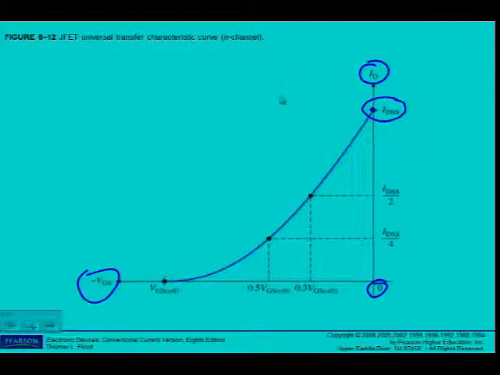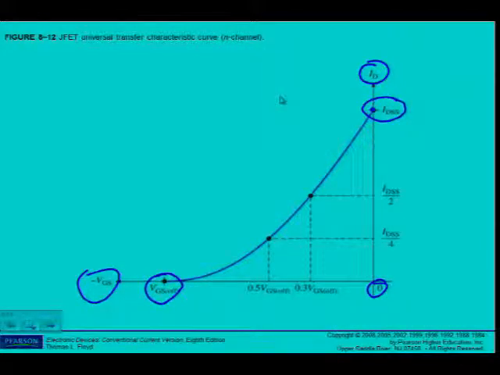VGS off, also get from the data sheet for a specific device, but it might also be given as V pinch off. Then I know it's the same magnitude, only the polarity is different. Okay, so I can plot those 2 points already.